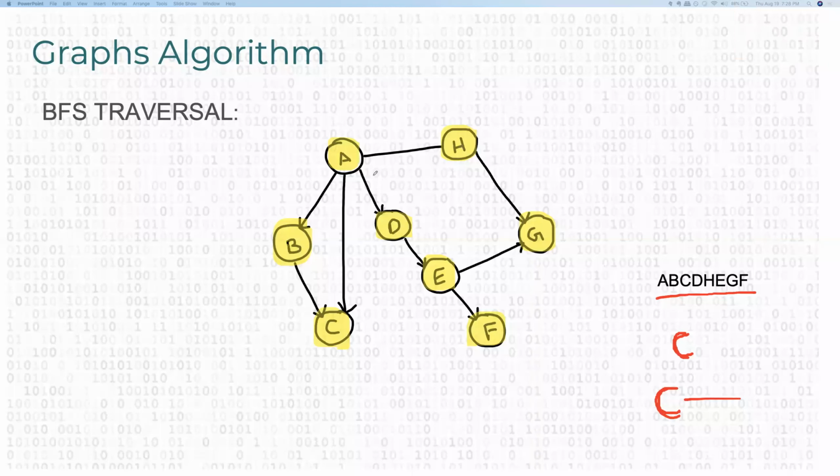Okay, there's one question in the chat, which is, how do we decide the starting node? We wouldn't be able to decide that. All we can do is have a for loop to visit all the neighbors of that particular node.